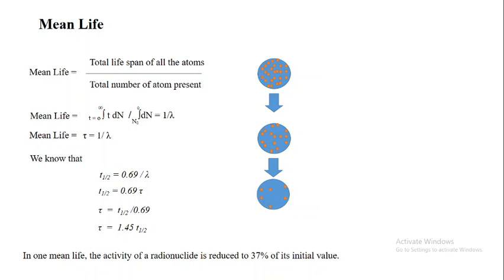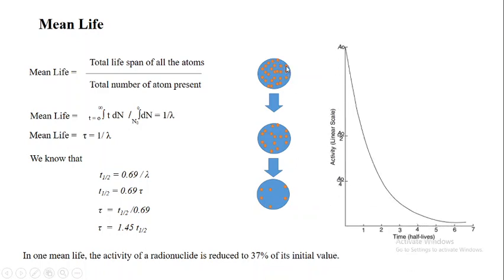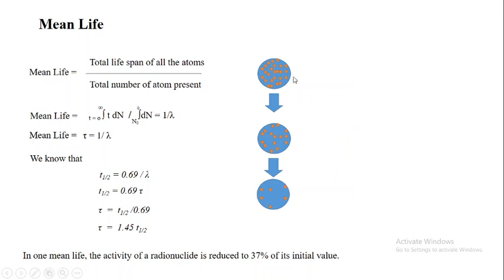Mean life is somewhat greater as compared to half-life, because if we see here, this radionuclide is present at the initial time, when time is equal to 0, and also present here. So it means it is not disintegrated. The life of this radionuclide is more than two half-lives. Some of the radionuclides disintegrated and disappeared.